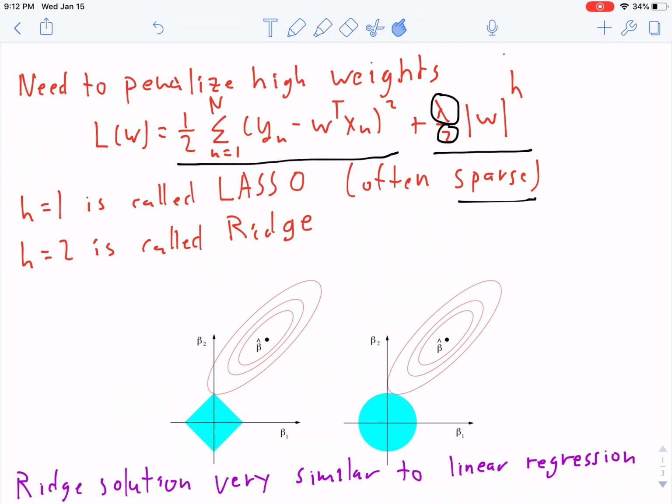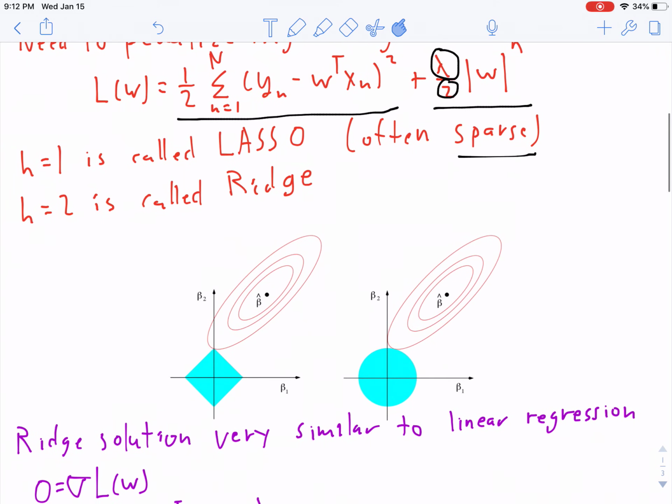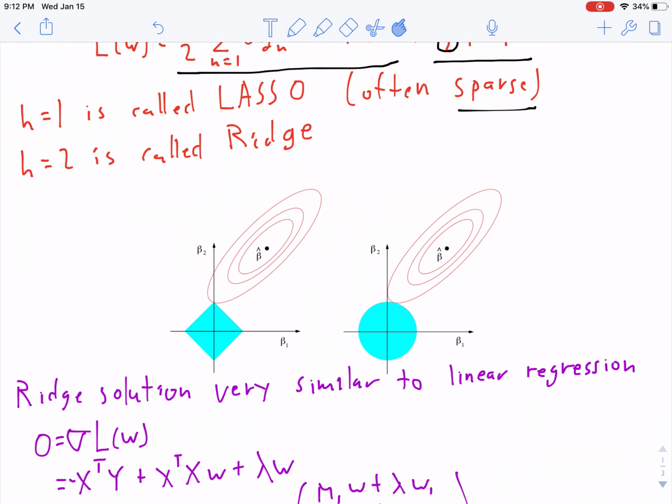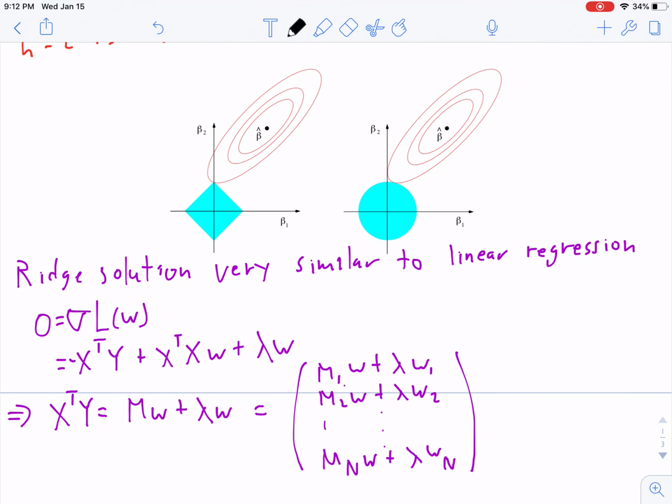Ridge regression is actually very similar to linear regression. I would encourage you to do it on your own, but I've done it below. Again, we are going to take the gradient of the loss function and set it equal to 0. Here, these first 2 terms, just like in our first video, come out to negative X^T y plus X^T X w.